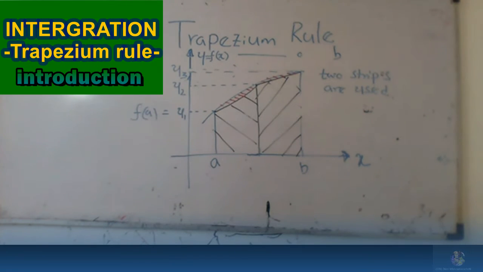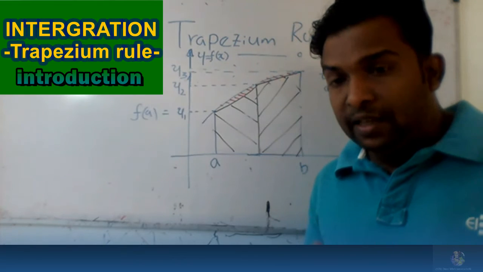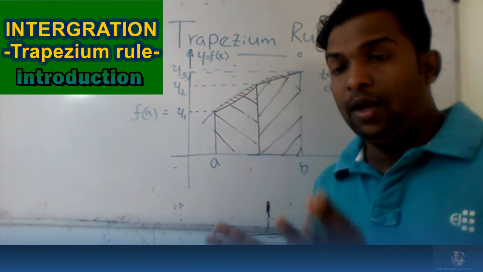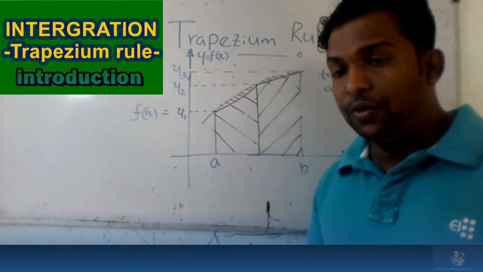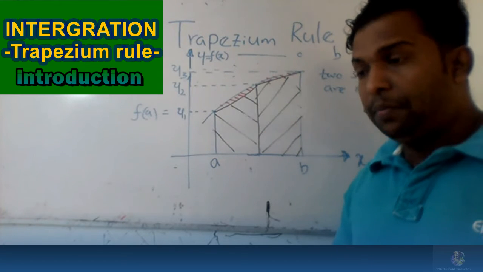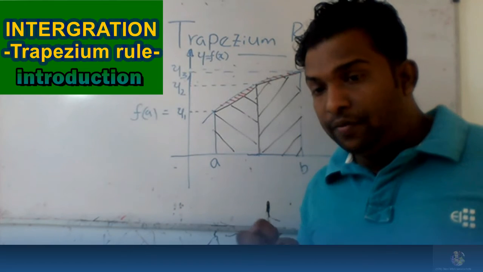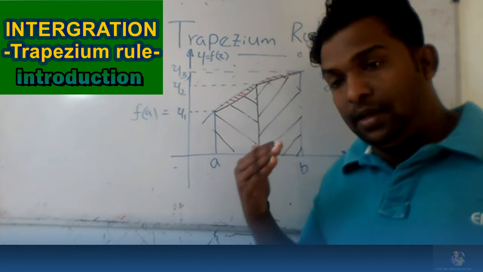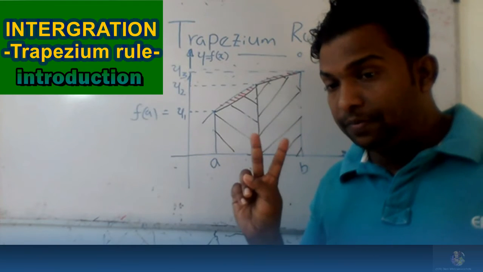Okay, sir. Okay. I will prove the given formula which is used for this purpose, to find the approximate area. But with this example, I will derive a formula when two strips are there.